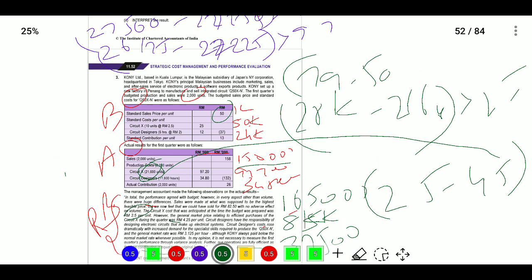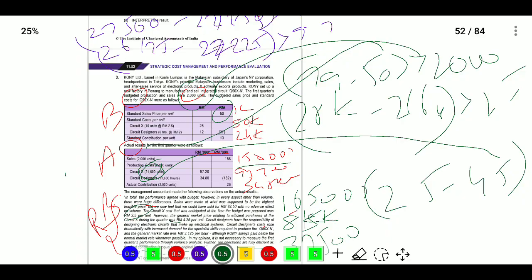We will take the actual quantity, 2000 units.